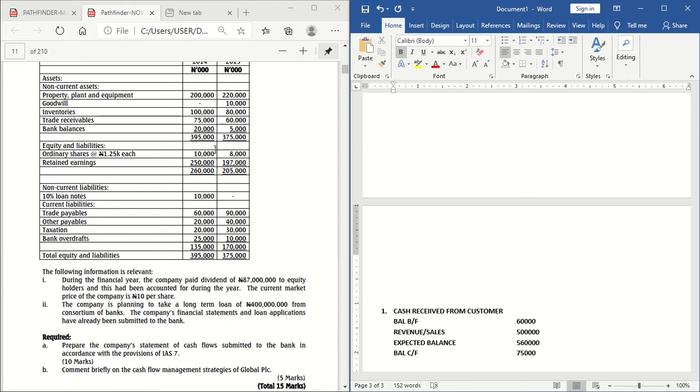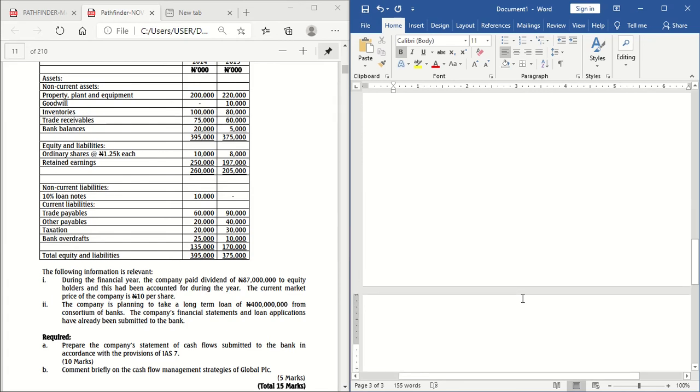What is the difference and how much have they paid? Going to my calculator, 560,000 less 75,000. So it means that there is a cash paid of 485,000. So the difference is as a result of cash paid by our debtors, and the cash paid, according to my calculator, is 485.